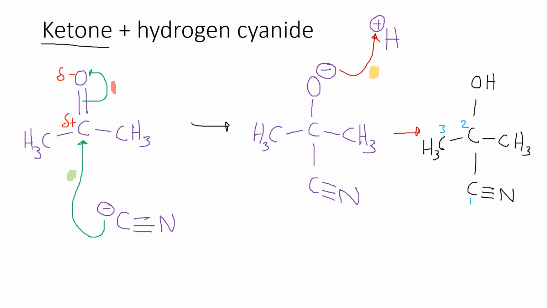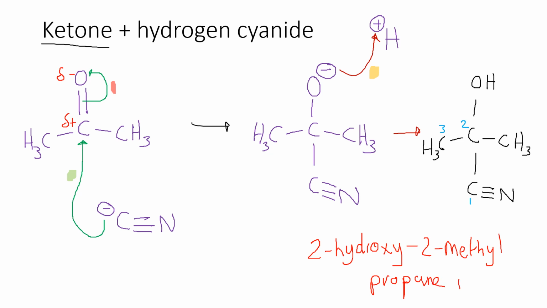And then we would say that this name is 2-hydroxy, because you've got a hydroxy group on number 2, 2-methyl, propane nitrile. Okay, so we count the longest carbon chain containing the nitrile group, call that propane nitrile, and then treat everything else as branches.